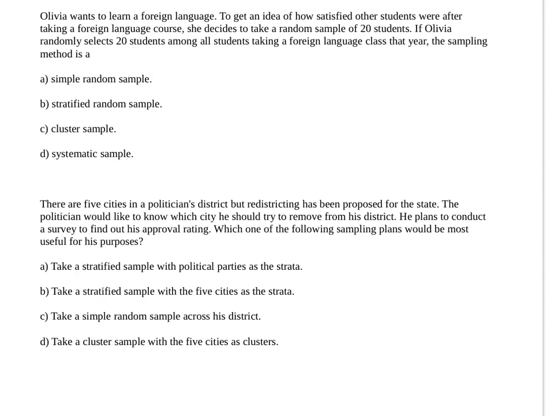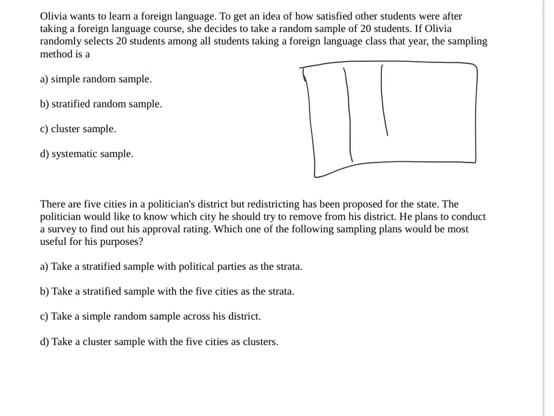So, imagine you've got here's everybody, here's a box containing all the people who take foreign language classes. And then you can break that box into different layers, right?